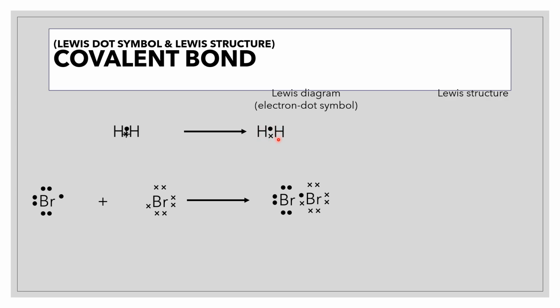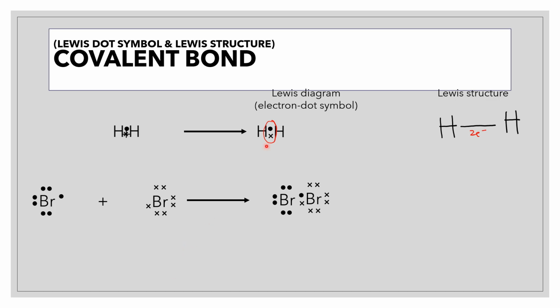We can also represent this structure dengan menggunakan Lewis structure. So di sini kita akan lukis hydrogen. So here are the 2 electrons shared between 2 hydrogen atoms. Kita lukis sebagai single dash to show that this is single covalent bonding. So single covalent bonding ini mengandungi sebanyak 2 elektron, sama seperti di dalam electron dot symbol over here.